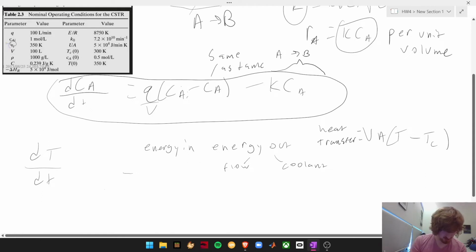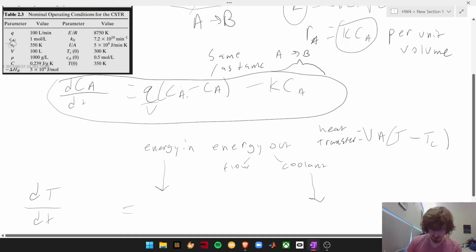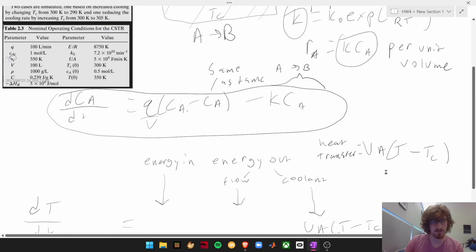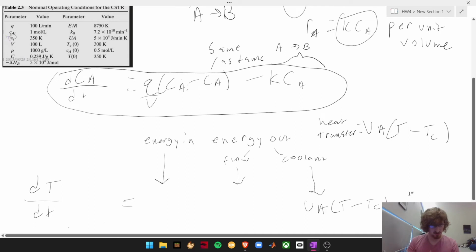So let me see if I can select this and move it down a little bit. There we go. So we'll still need a term for our energy in, so we'll leave that blank for now. But we do have our coolant term, and it is simply UA times the difference in temperatures between the jacket and the tank. And then our energy in is fairly simple as well. Or actually, let me move back to the left-hand side of the equation here.